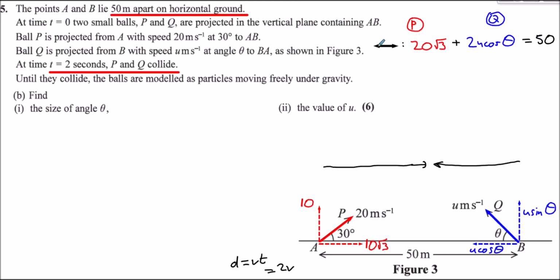Now, we can also consider something else as well, though. And that's also the vertical motion. So vertically, they're going to collide after 2 seconds, which is basically saying that after 2 seconds, they need to be at the same heights if they've collided. So this one here, if I use s equals ut plus a half at squared for this next part, they need to be at the same height.